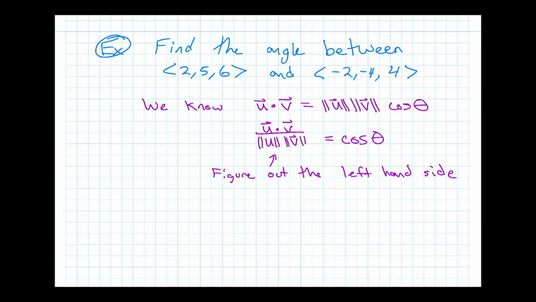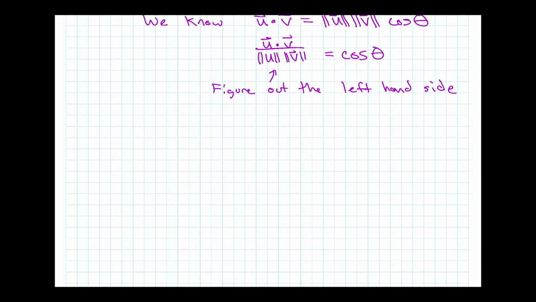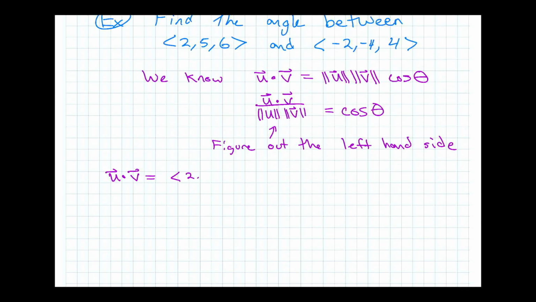First of all, we need the dot product of u and v. U dot v is 2, 5, 6 dot -2, -4, 4. So 2 times -2, plus 5 times -4, plus 6 times 4.